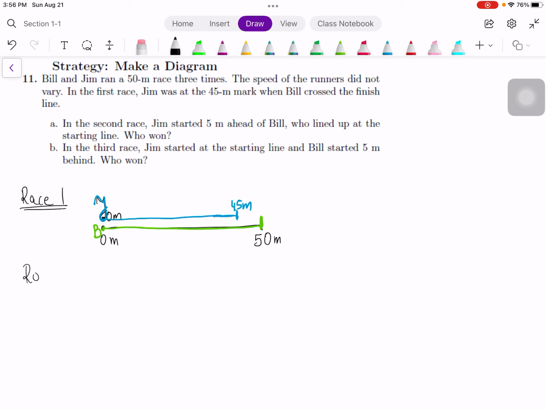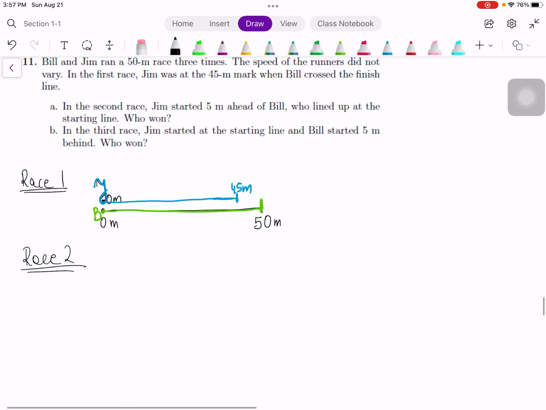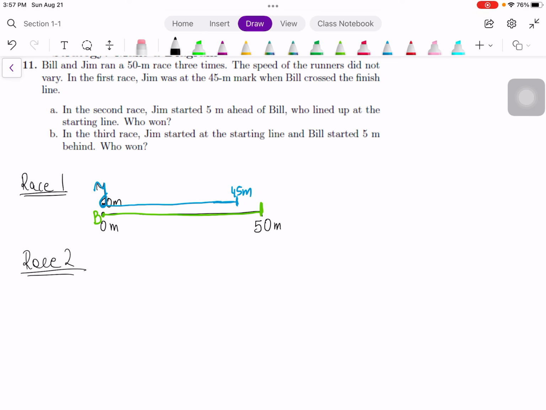Race 2. In the second race, Jim started 5 meters ahead of Bill, who lined up at the starting line. Who won? So what do we do? Well, Bill did like before: he lined up at the starting line and ran the race, so he ran 50 meters, still the same speed.